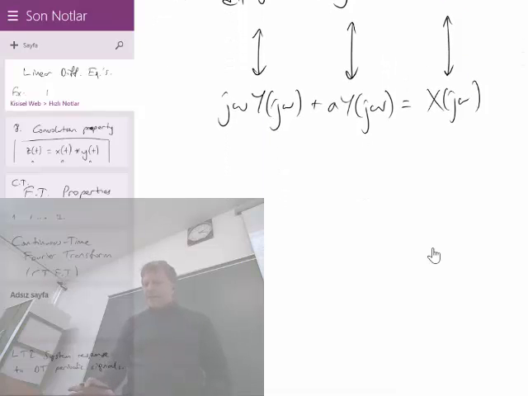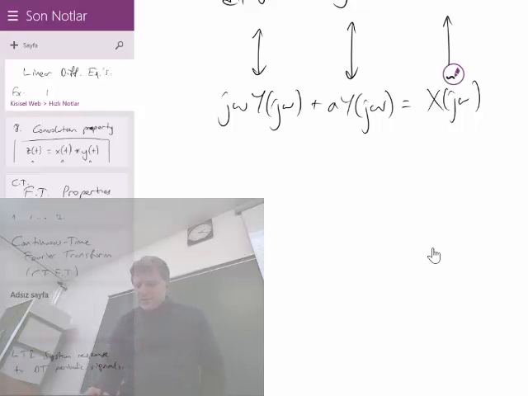And since everything is in the x and y in the Fourier domain, we know that the filtering is nothing but Y(jω) divided by X(jω).